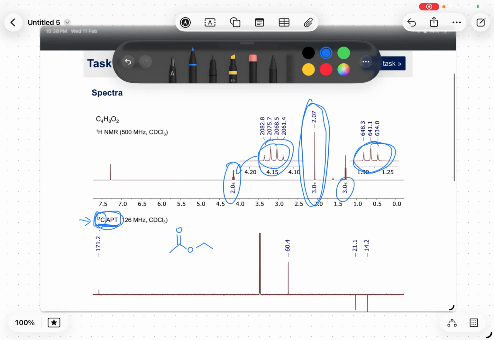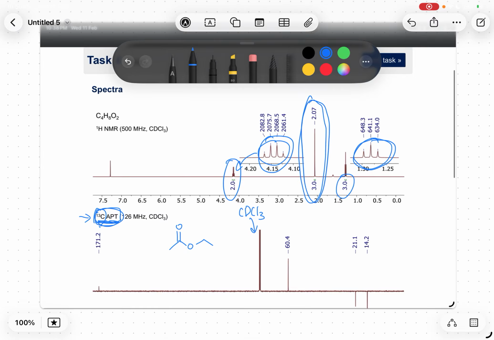So the 13C APT, back to why APT in particular is useful, and the odd and even number of protons present. We can first take a look at the solvent peak. So this is CDCl3, and it is a 1:1:1.